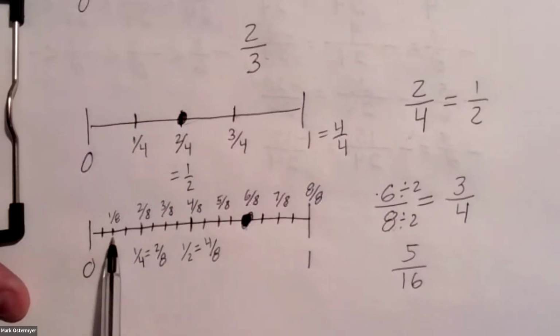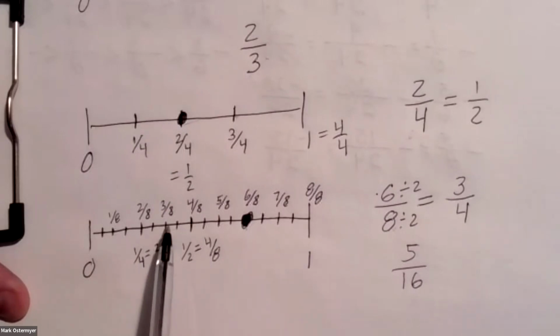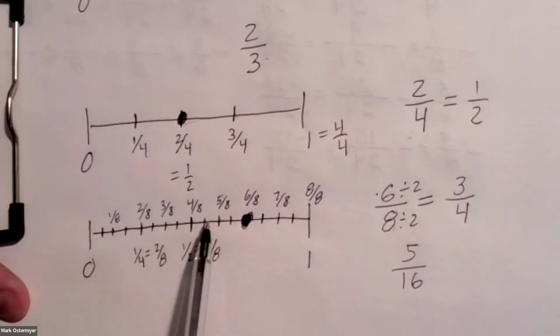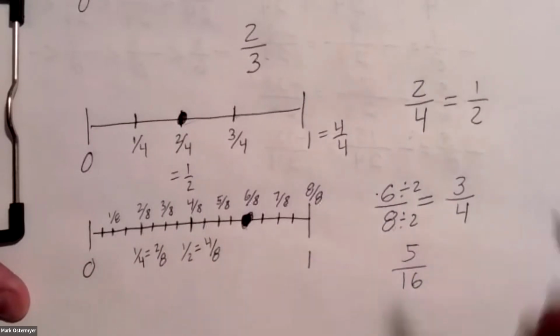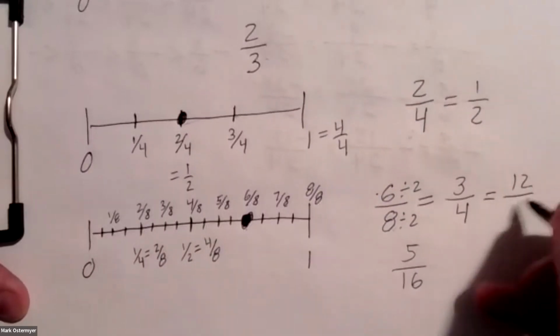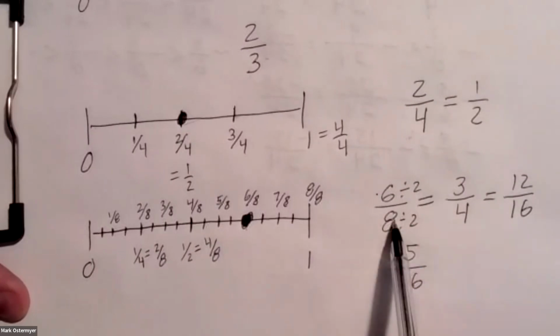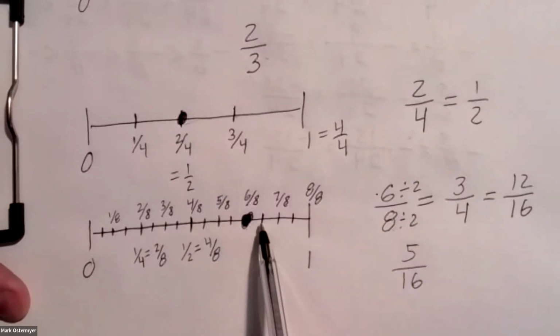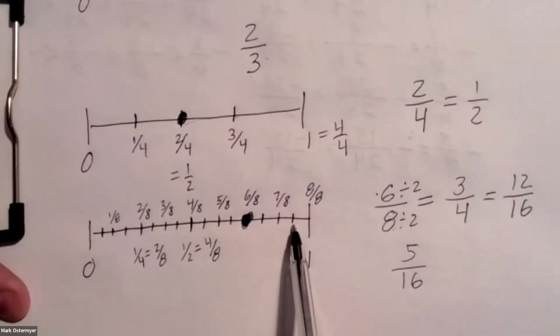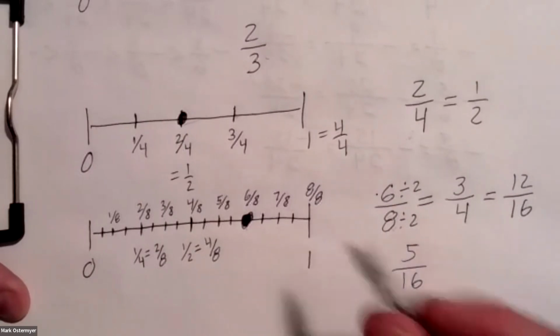There's 1/16, 2/16, 3/16, 4/16, 5/16, 6/16, 7/16, 8/16. Another name for 8/16 is 4/8 or 1/2. 9/16, 10/16, 11/16, 12/16. You agree? 12/16 is equivalent to 6/8, isn't that true? 13/16, 14/16, 15/16, and 16/16.